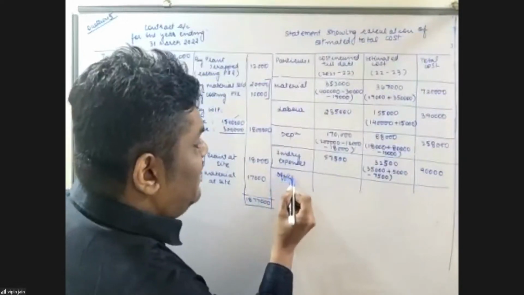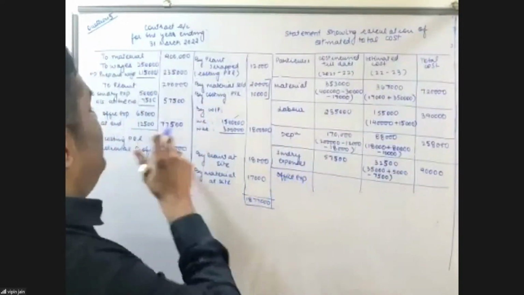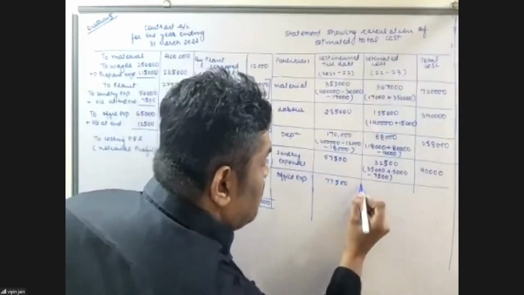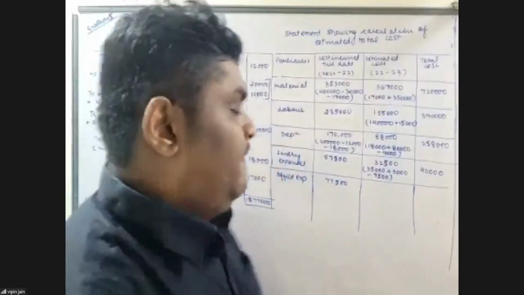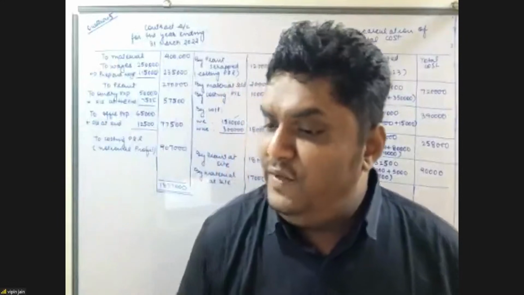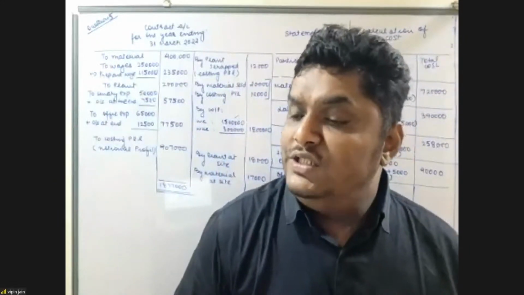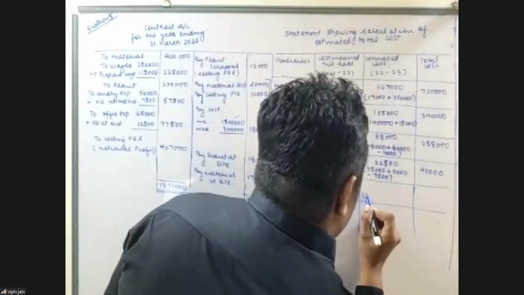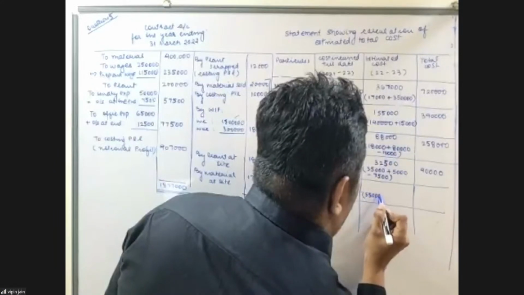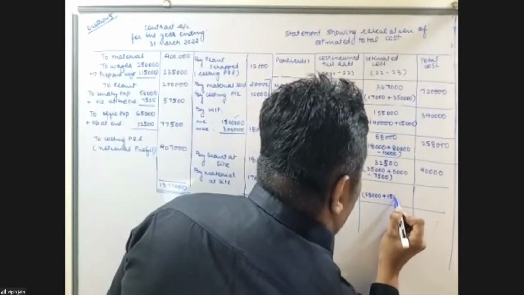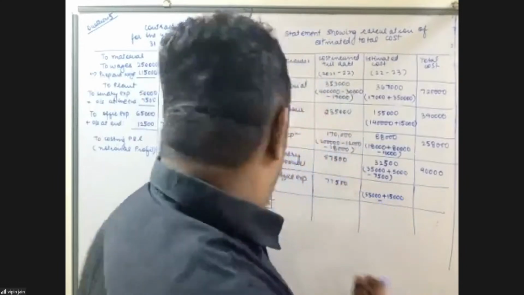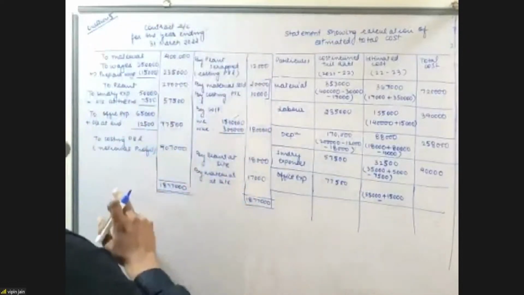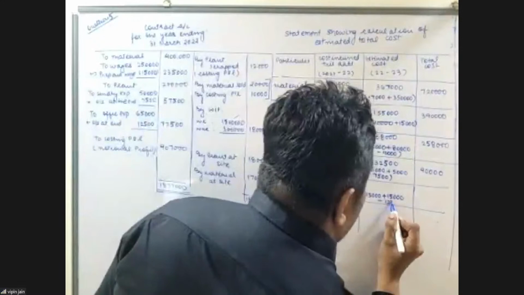Further, office expenses are given. We have already calculated that, and it is 77,500. Now further office expenses are 55,000, and outstanding at the end is 15,000, minus outstanding at the beginning of the year is 12,500.